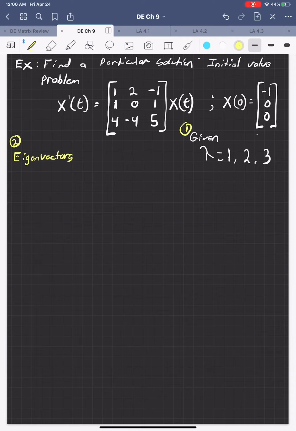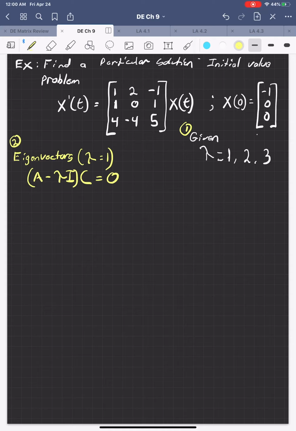Let's go ahead and start with the eigenvector for lambda equaling 1. You remember how to do this. It's simply going to be (A minus lambda I) c is equal to 0.